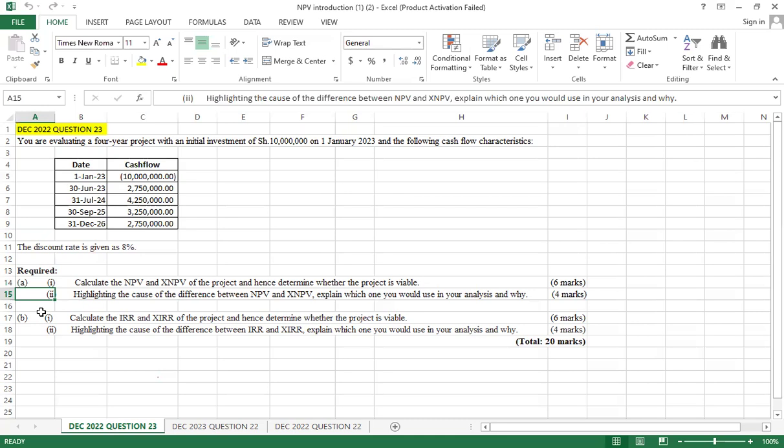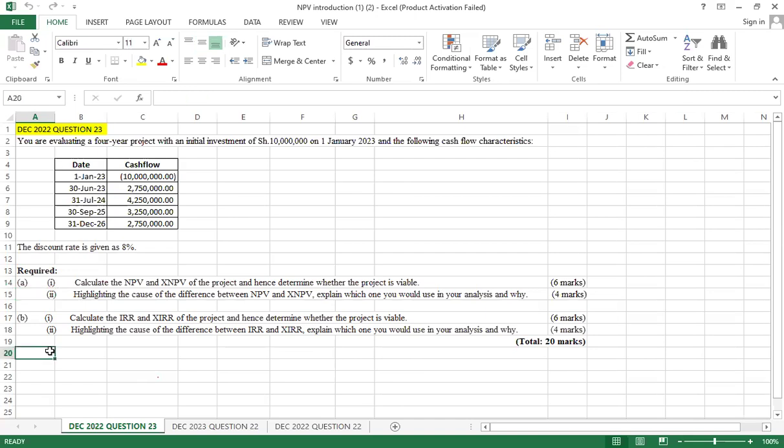Now, part B, number one, calculate the internal rate of return and the X internal rate of return of the project and determine whether the project is again viable. Number two, highlight the cause of the difference between the two. Explain which one you'd use in your analysis, and then why again.